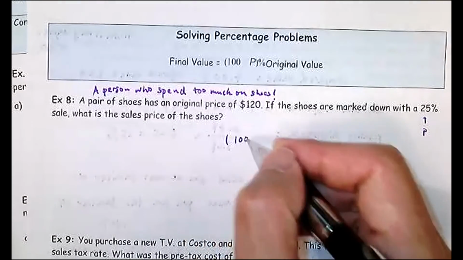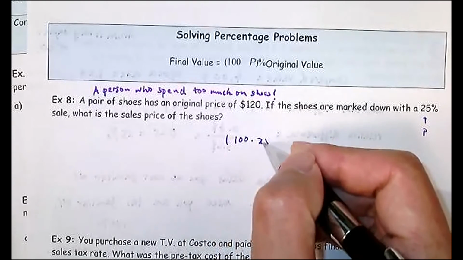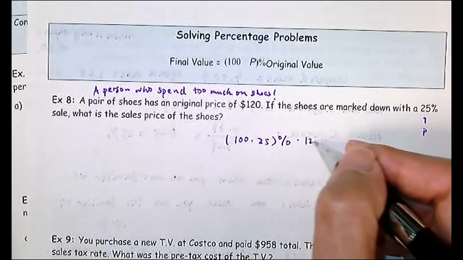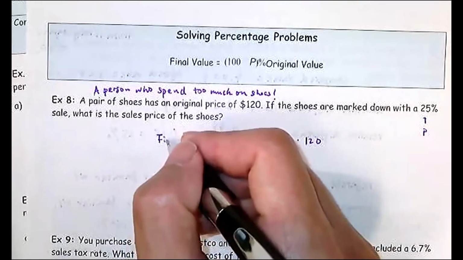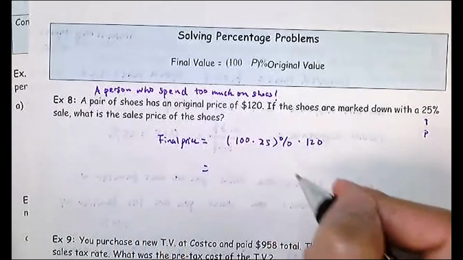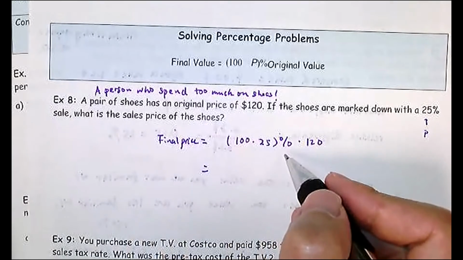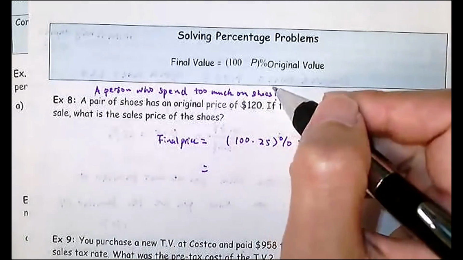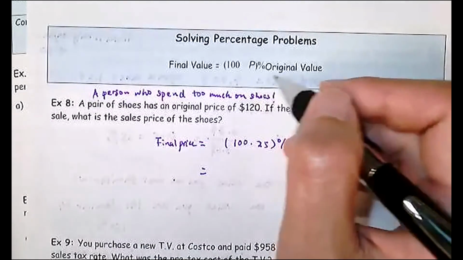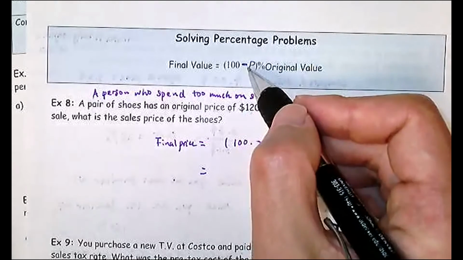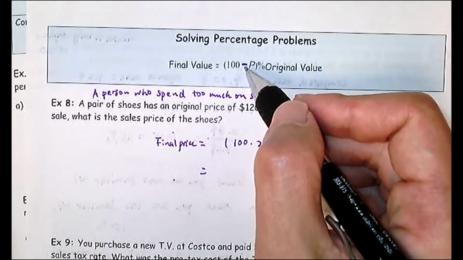So we have all the information we need, times 100%, times 120. So the final price, if we multiply this, oh, I think there's a typo here. There should be a minus sign here. Just to let you be aware, there should be a minus sign here.